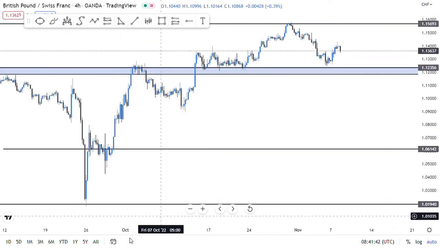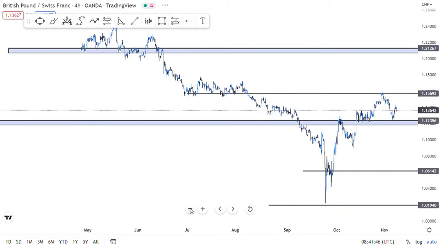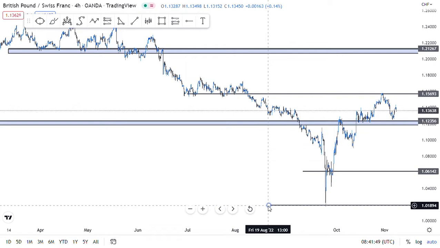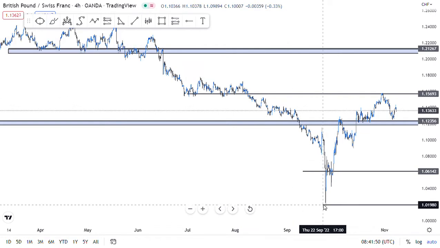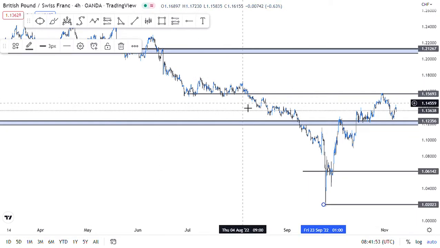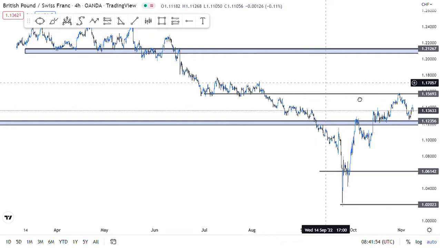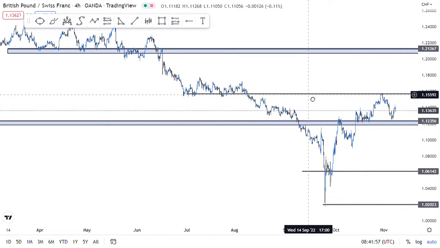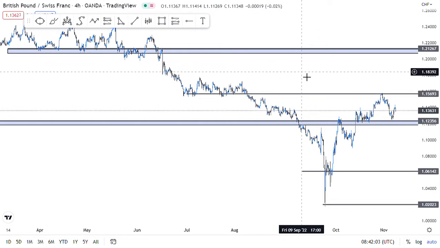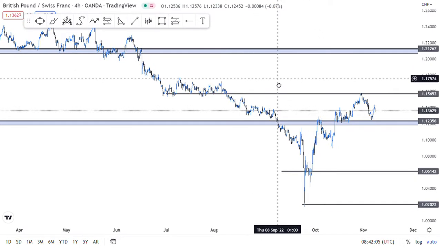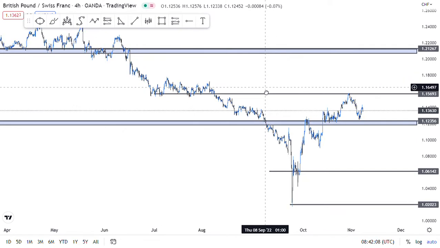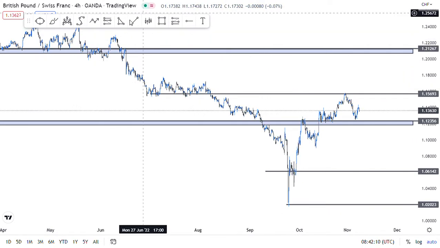If you can see, GBPCHF has been on a downtrend. This is a downtrend, been making higher highs, lower highs, and lower lows on GBPUSD and GBPCHF. And now, what are we seeing at this current moment right here?